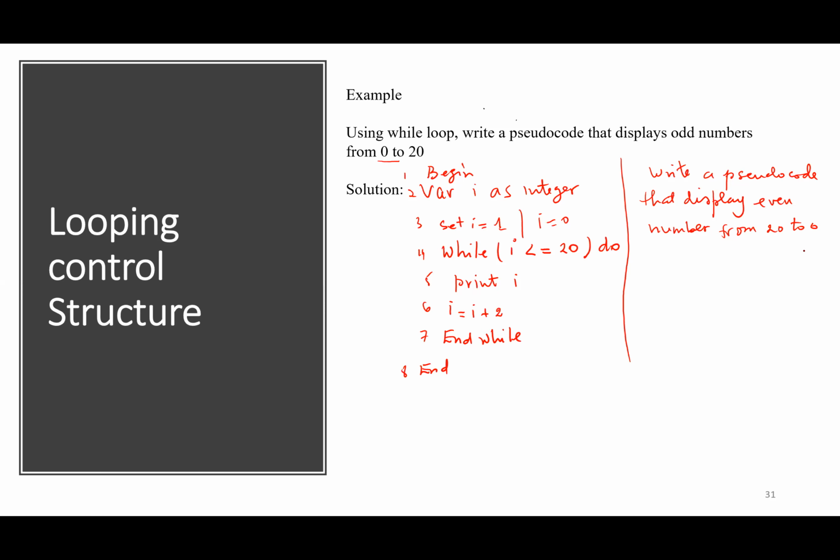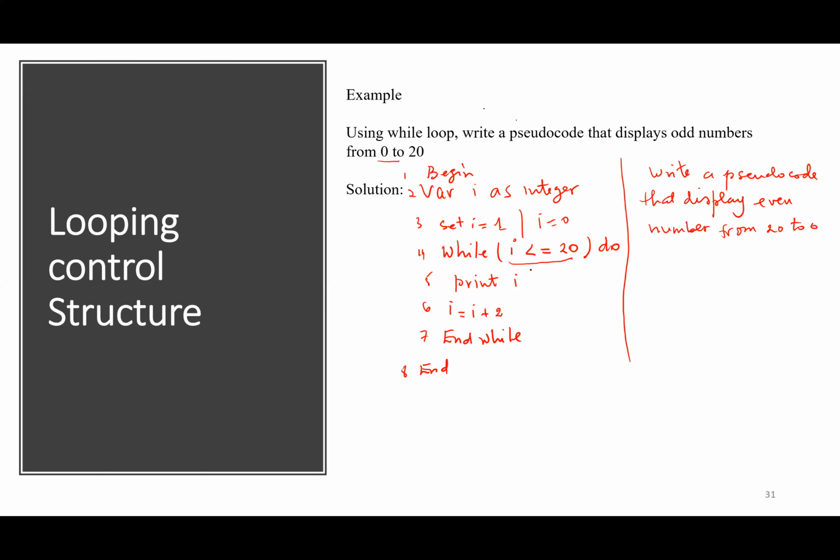Teacher, I have a question on line 4. Why is 20 included in the odd numbers? Because its I is less than or equal to 20, yet 20 is not an odd number. So this is the condition, right?